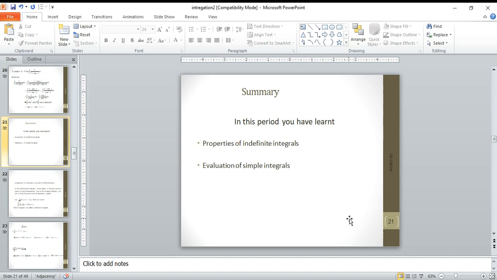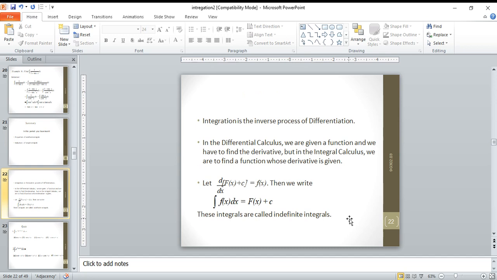Summary. In this period, you have learned properties of indefinite integrals and evaluation of simple integrals. Integration is the inverse process of differentiation. In differential calculus, we are given a function and we have to find the derivative.